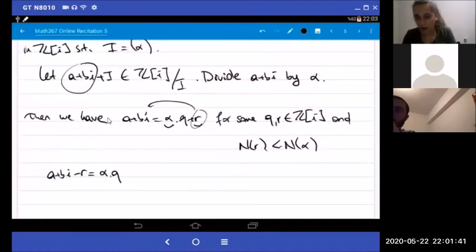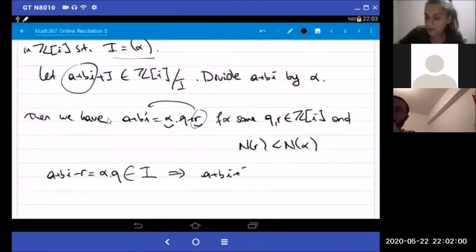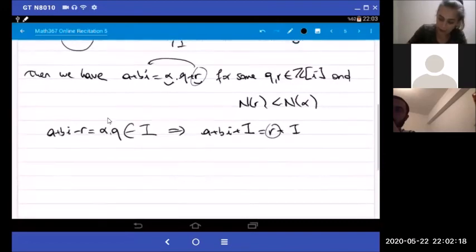This is a multiple of alpha, and alpha is the generator of our ideal I. This means that the left-hand side of the equality also lies in I. So you can represent this coset by the coset representative a plus bi or by the coset representative r. These two cosets are equal because the difference of these two elements lies in I, which means that they represent the same coset.